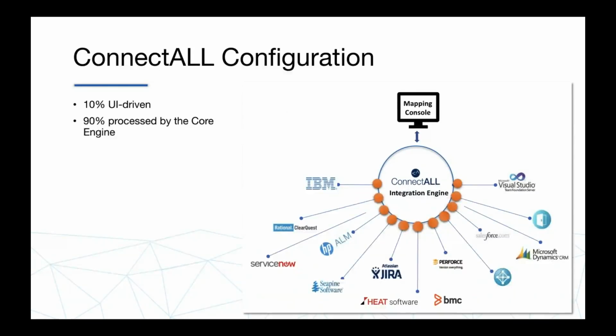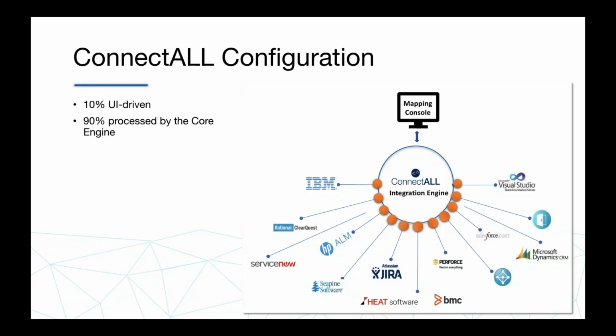So the basic idea behind ConnectALL is it's one simple application that you download and install. Once you install it, you log in through your browser to the mapping screen. On the mapping screen, you pick and choose what data you want to synchronize between your applications. Then there's a background engine, the synchronization engine.